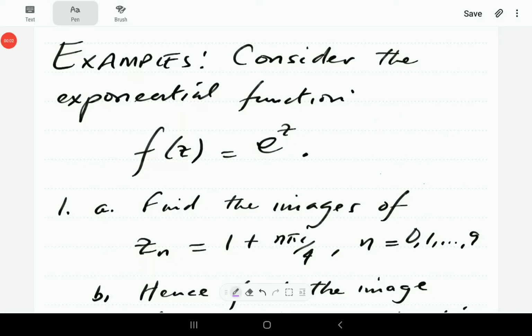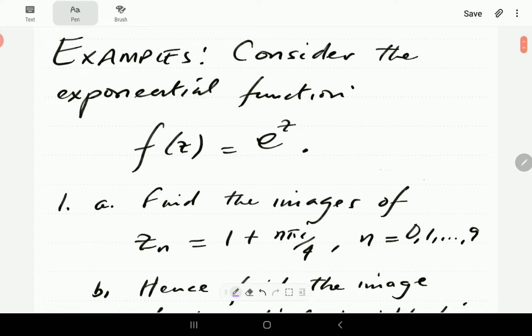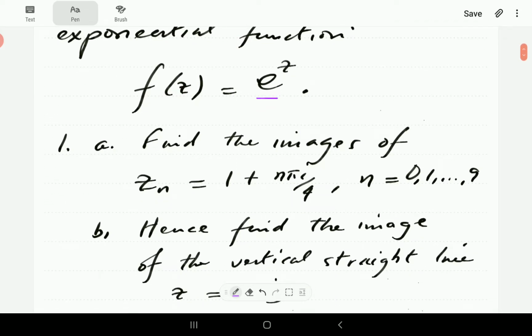In this video, we're going to look at examples of how to find images of complex numbers under the action of the complex exponential function. So f of z is equal to e to the power z.